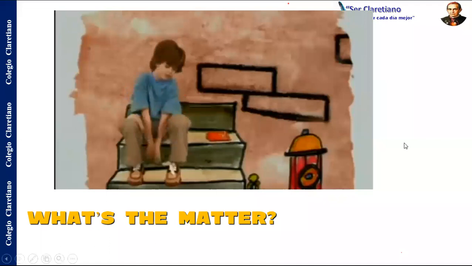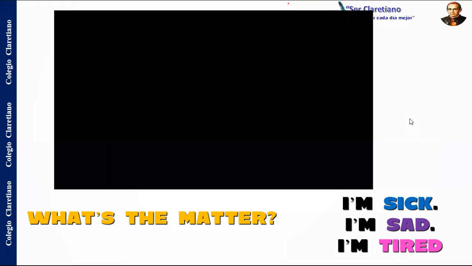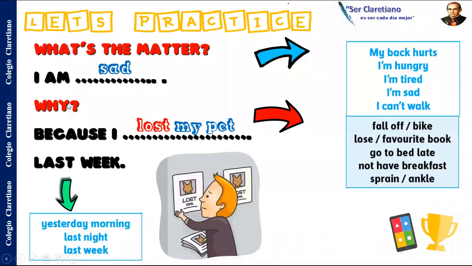What's the matter means what's the problem. Okay, remember that. What's the matter is what's the problem. And remember, when the question is why, it's asking por qué. This has a relation with why, with because. What's the matter?